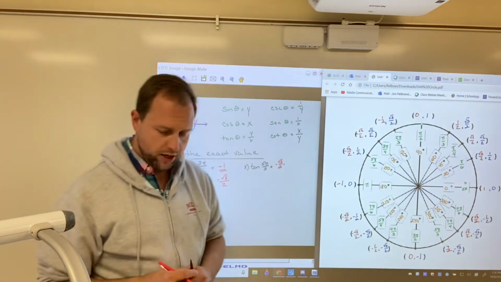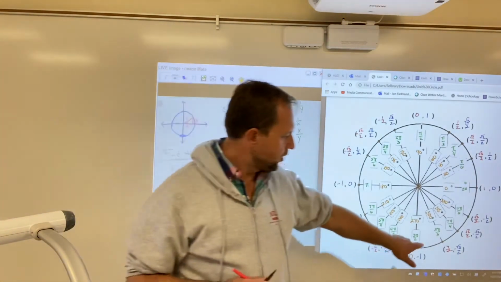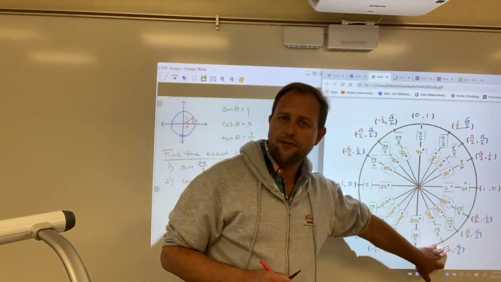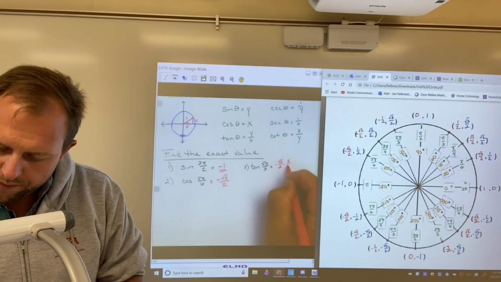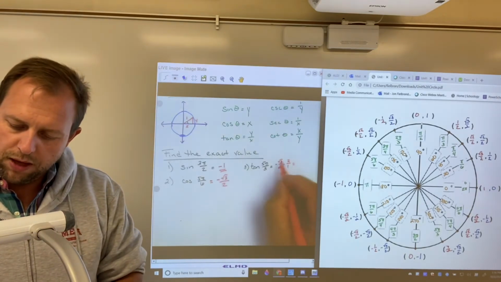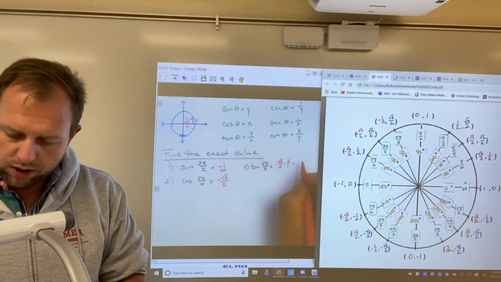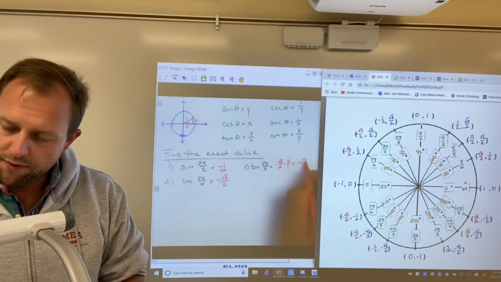So the x value at 5 pi over 3 was 1/2. Flipping that means 2 over 1. Multiply, the 2's cancel, and we're left with a negative √3 for the tangent value.